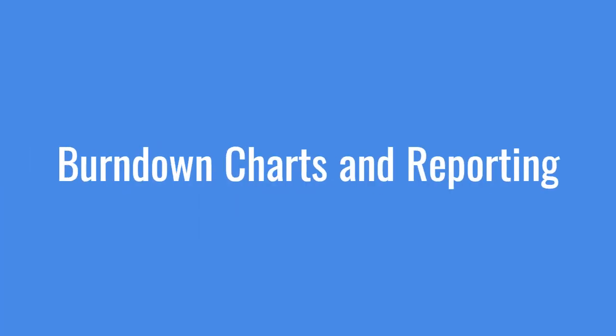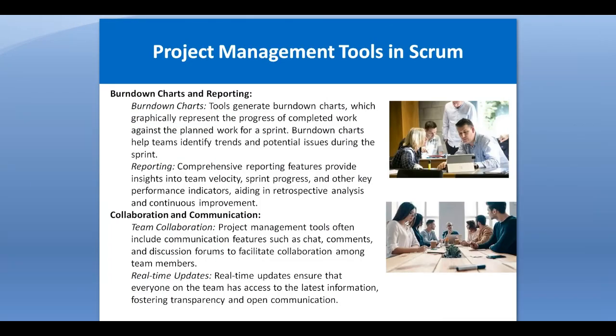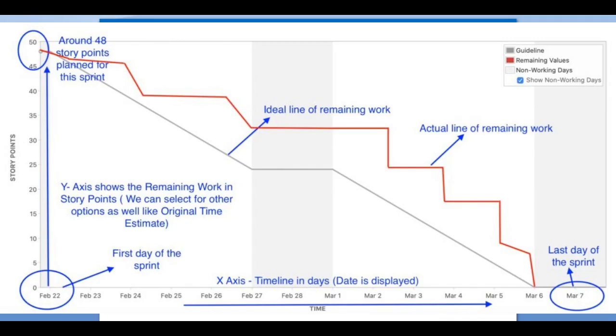Then burndown charts and reporting. Burndown charts are basically a visual representation of the remaining work in the Scrum framework. These tools automatically generate burndown charts, which graphically represent the progress of the completed work against the planned work for a sprint. Burndown charts help teams identify trends and potential issues during the sprint. So rather than generating burndown charts manually, you can use the software to generate them automatically.